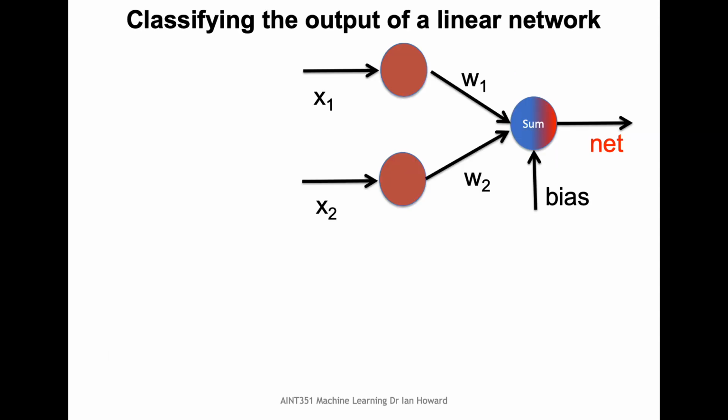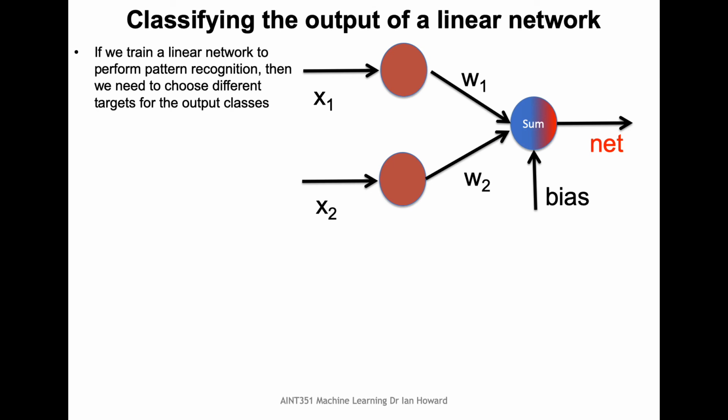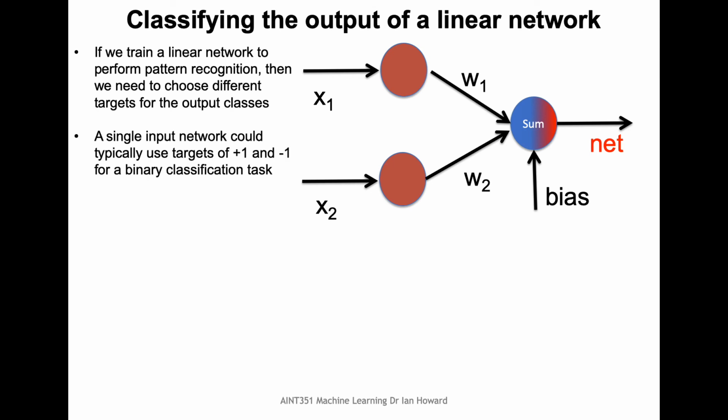Okay. So how can we classify outputs using a linear network like this? Well, if we've got the input data and we've got the labels for the output, and that's what we need normally to train the system, we could say we're going to use certain targets when we train the system, and it could be use +1 for class 1 and -1 for class 2, whatever.